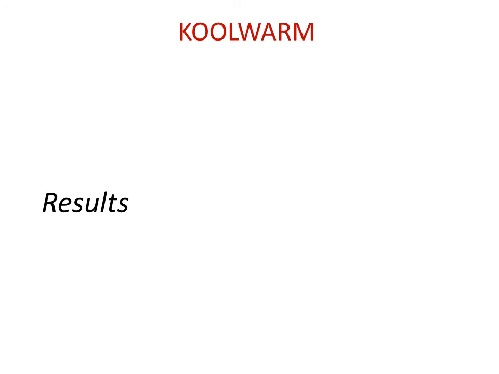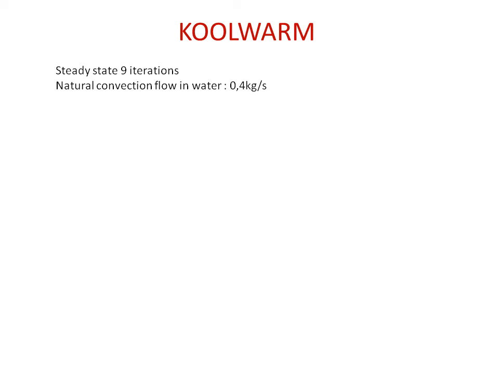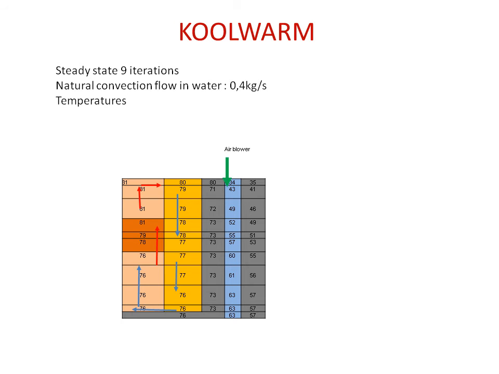Now we look at the results. The steady state needs about 9 iterations, and the natural convection flow rate in water was found to be 0.4 kg per second, and temperatures are given here under.